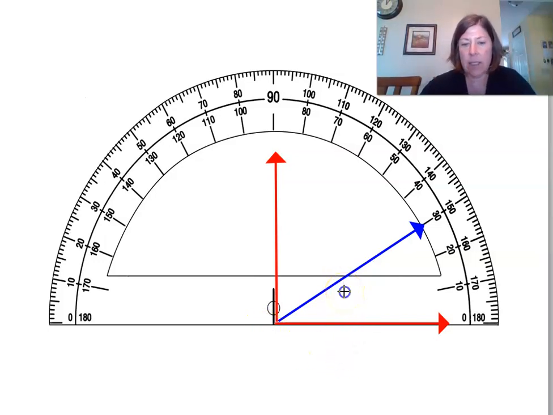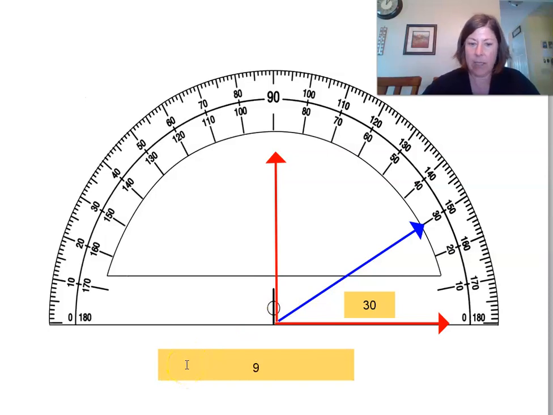So let's take a look at this angle here. This angle here is 10, 20, 30 degrees. If this is 30 degrees and I know the whole thing is 90, how can I determine what the measure of this guy is if I don't have a protractor?